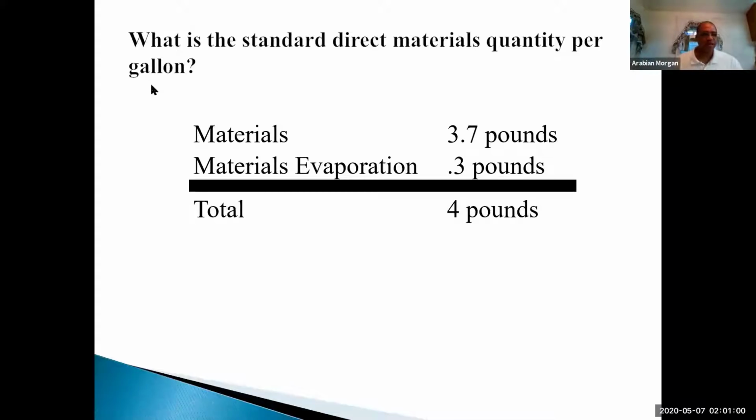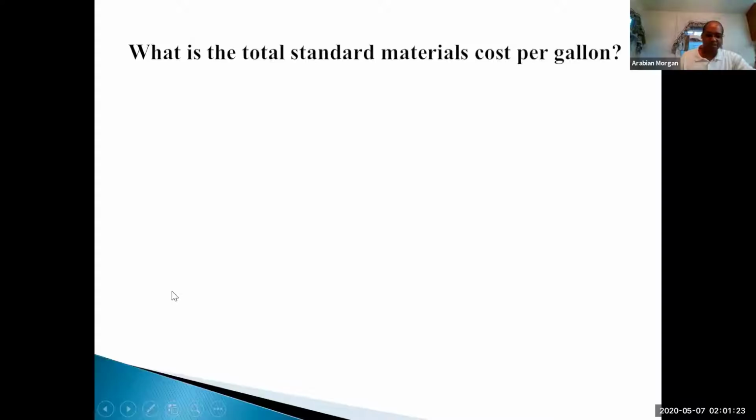Okay. Now, number 3, what is the total standard materials cost per gallon? Again, this word standard is here, okay? Meaning under normal operating circumstances, how much should this cost from a material standpoint?